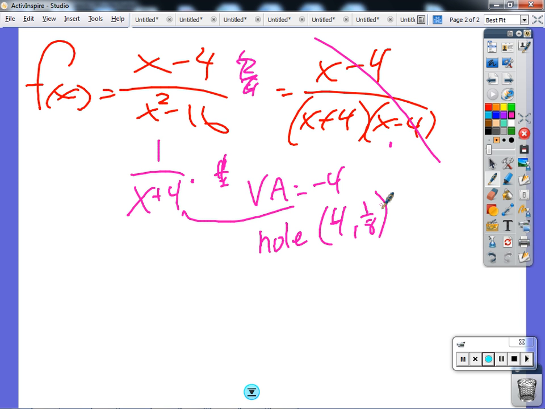Because technically, we're going to be graphing 1 over x plus 4. Okay? Notice once again, vertical asymptote's -4. Hole at this. What's my zero? Do I have any zeros? I don't. Because what makes this guy 0? Nothing. Okay?